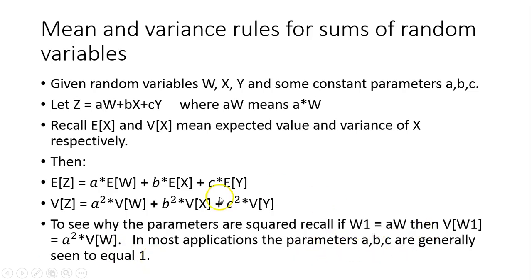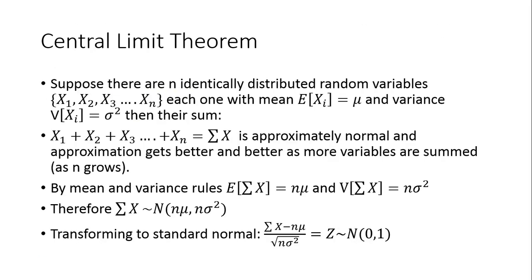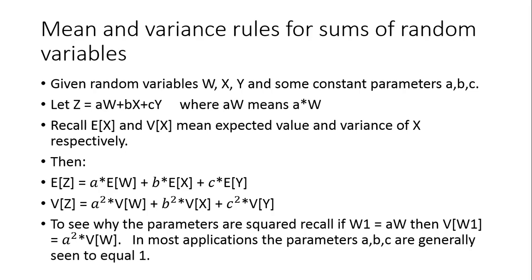So don't worry about these parameters. You can just put ones here if you're just adding normal random variables. For example, if I just want to add w plus x plus y equals z, I set these a, b, c to ones for simplicity. Okay.